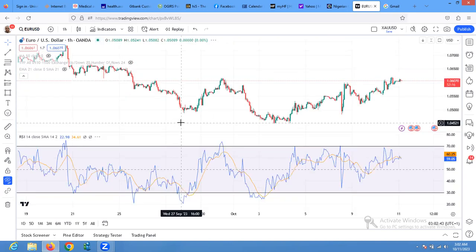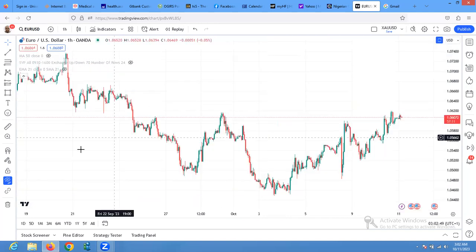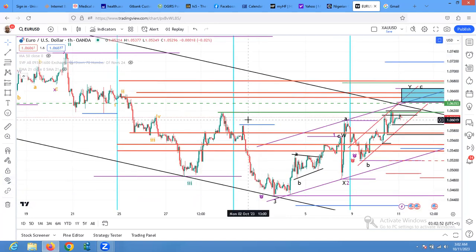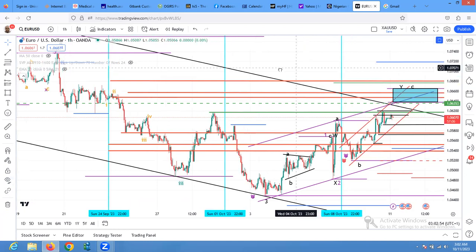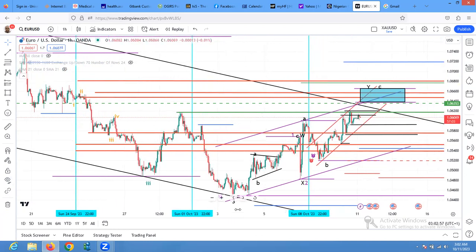So going into the drawing now to see what exactly has played out here. What has played out is this: we can see that this is A of W here, and this is ABC of W with B here, and we had a C. For me, it's not likely to be a 1 and a 2 to the upside.